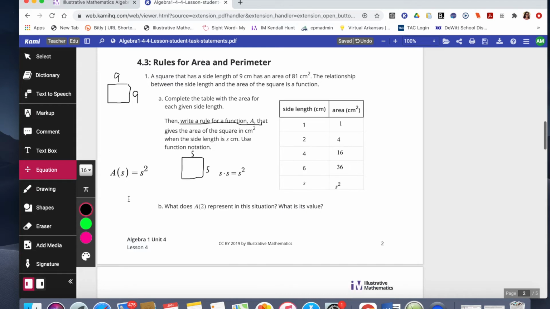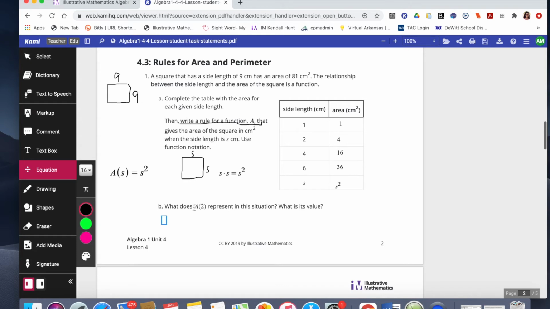Okay, now B says, what does A of 2 represent in this situation? Well, we know A is the name of our function. The 2, what's in parentheses, is the input, which in this case is side length.